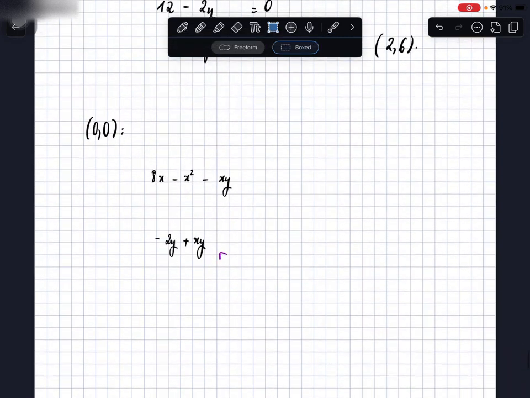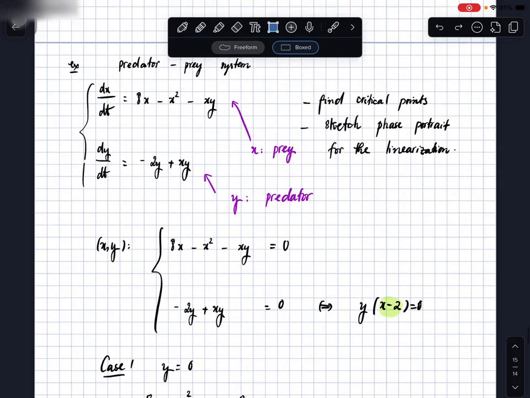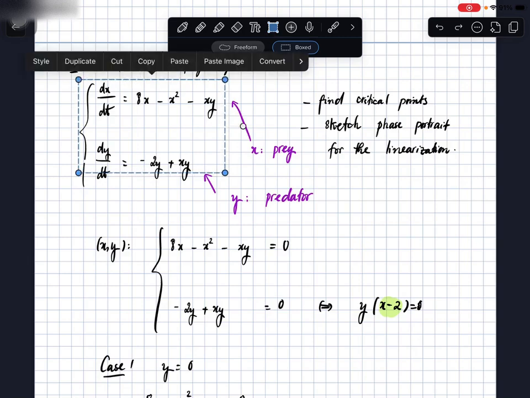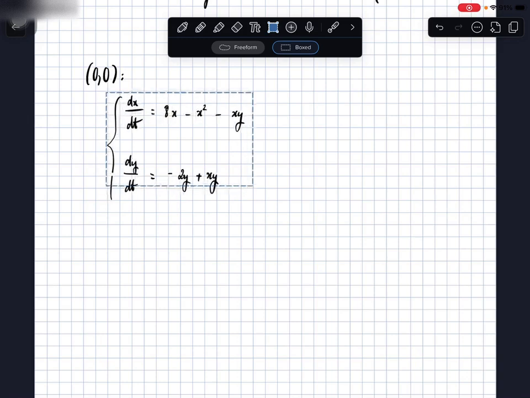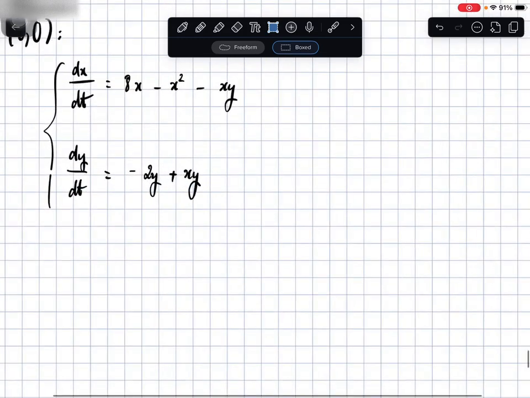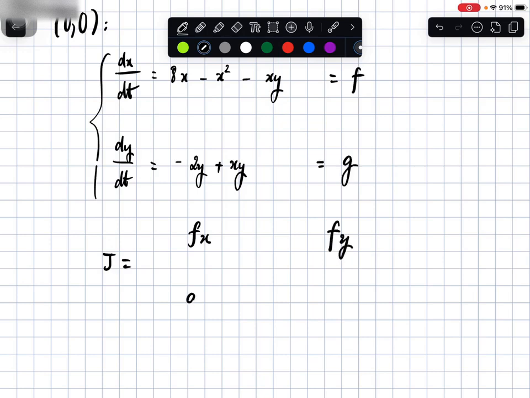This is the system they give us. The Jacobian matrix is df/dx, df/dy, dg/dx, dg/dy, where f is the first equation and g is the second equation.